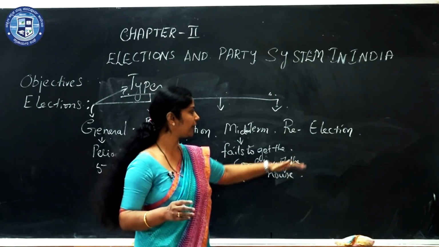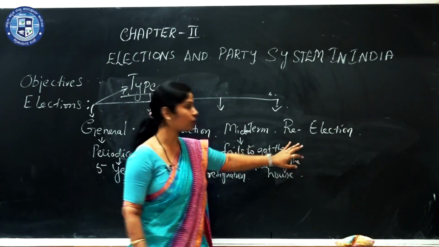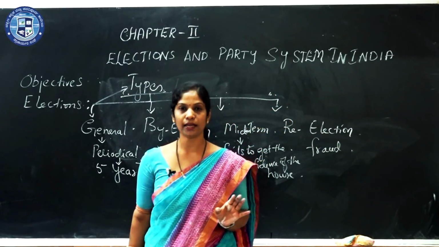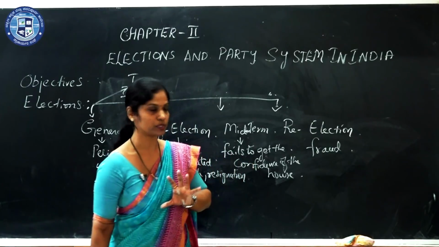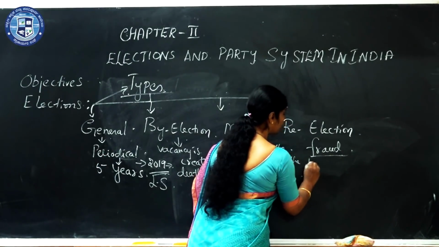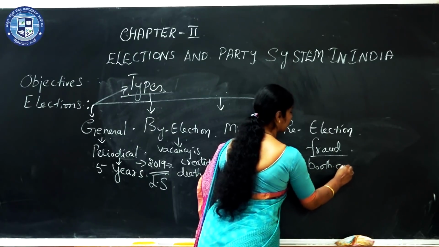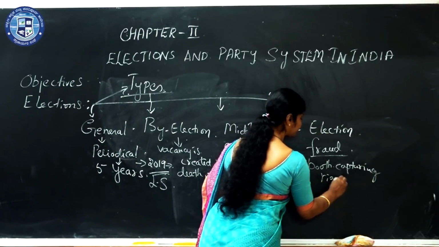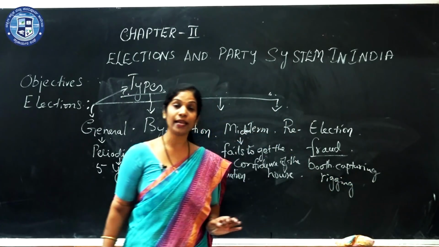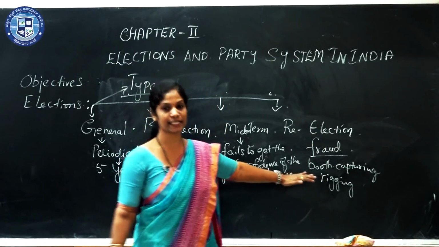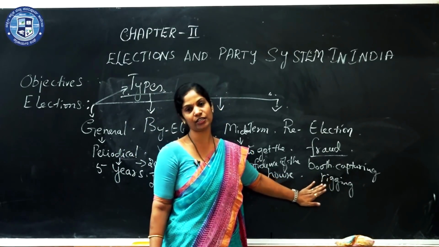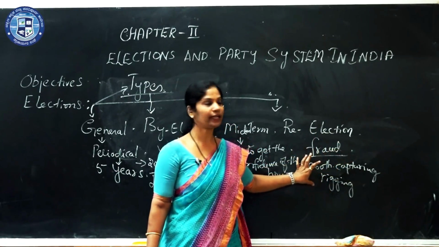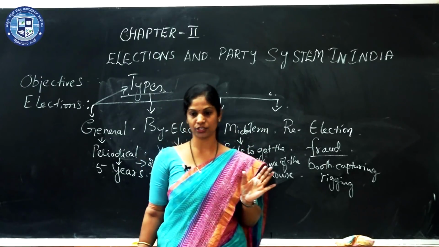Because of fraudulent activities in a few polling booths, which are known as booth capturing or rigging. Elections in those booths get cancelled, and once again the elections are held only in those polling booths, and that election is known as the re-election.